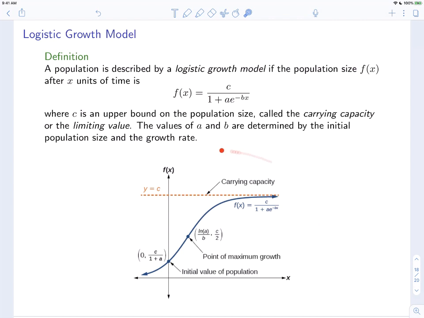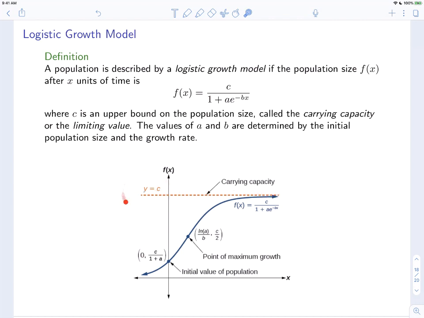This is a graph of a logistic model, or a logistic curve. You can see at time x equals 0, and shortly beyond, it starts looking like exponential growth, but it starts leveling off very quickly as we reach the carrying capacity. The carrying capacity is a horizontal asymptote, which represents a limiting value.